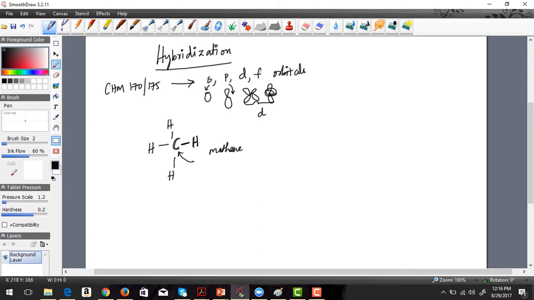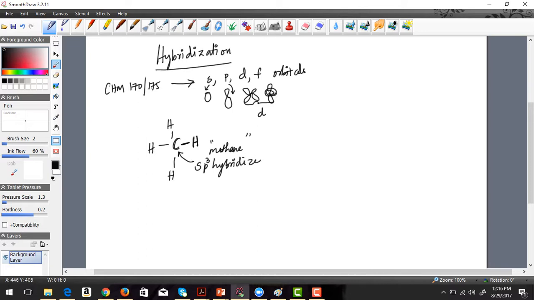For a compound containing a carbon, we only focus on the carbon. It's not about hydrogen or some other element. Hybridization is a concept that's uniquely dedicated to carbon most of the time. So this is methane. If a compound contains carbon attached to only single bonds, then we say that the carbon is sp3 hybridized.